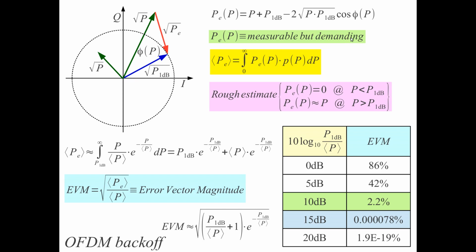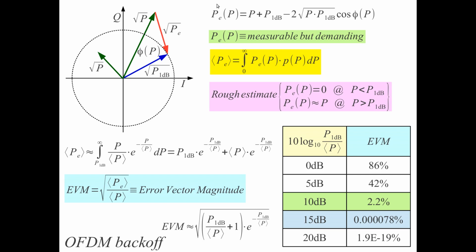We want to calculate this error power, making the calculation on this triangle using the cosine law, with this green phasor, blue phasor and red phasor. Green phasor is the required power, blue phasor is the actually supplied signal, and red phasor is the error. We want to know what the error power is.